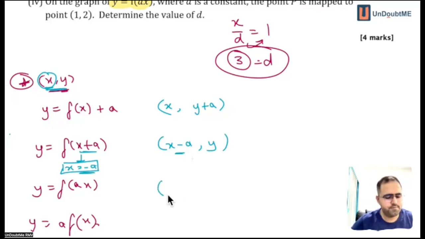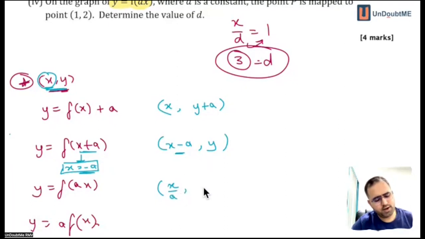Next, because of f of ax, what will be the new coordinate? y will remain the same, and the x value will be divided by a. Would it be multiplied by a?